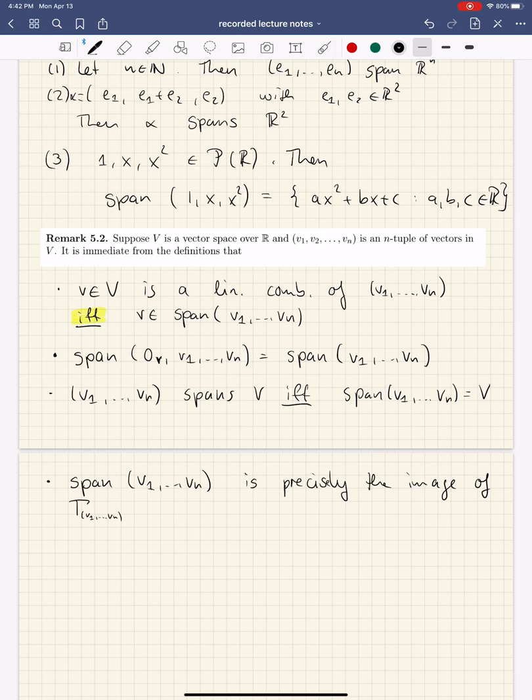Yeah, so this is the gamma that we talked about before. And so this already implies that the span of v1 through vn is actually a subspace of V.